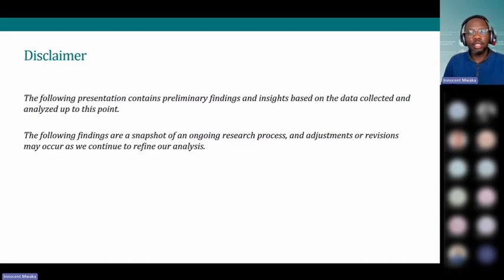The whole process is still ongoing, and some of the findings might change when we get more data. Yeah, so we appreciate that you accept that we present this as something preliminary and not final, but I think it's very important to demonstrate the mixed methods analysis and how this is usually combined.